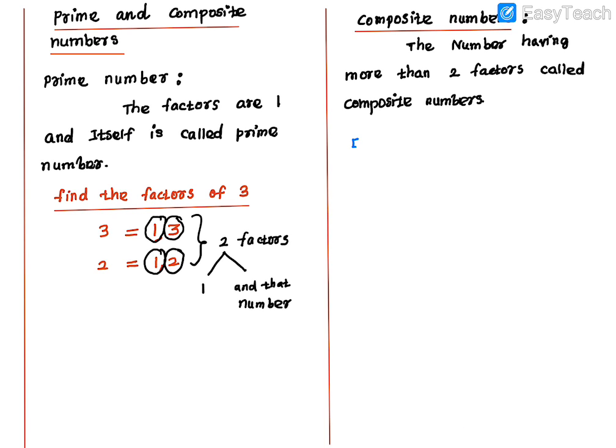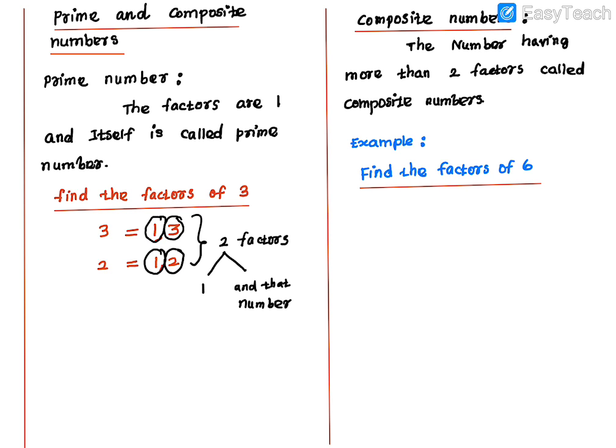Example for this composite number: find the factors of 6. You know how to find the factors of 6. Can you try?